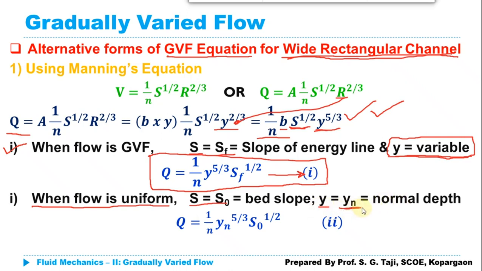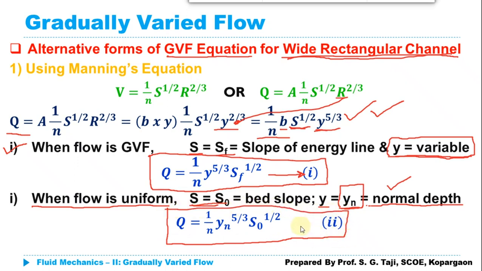Remember that whenever I indicate yn, the normal depth of flow, it is the condition of uniform flow; this is the depth corresponding to uniform flow. So by simply replacing y with yn and S with S0, our Manning's equation can be written as Q is equal to 1 upon n yn raised to 5 by 3 multiplied by S0 raised to 1 by 2. Give this equation as equation number 2.